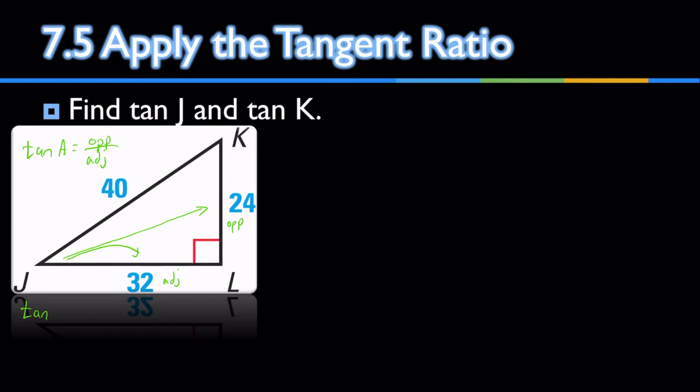You don't say der for doctor or mer for mister. It's an abbreviation. It's tangent. Tangent of J, and it's always followed by an angle. So it's always tangent and then an angle. Has to have that because you have to know which angle you're talking about. So tangent of J is the opposite, 24, over the adjacent, 32. Wait, I can reduce both of those by 8 to get 3 over 4.